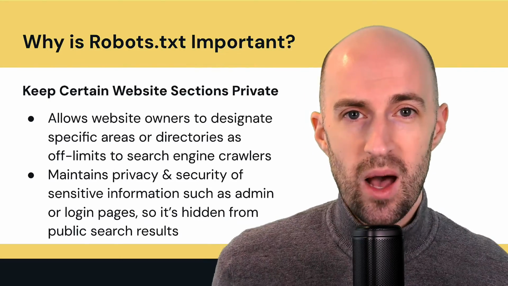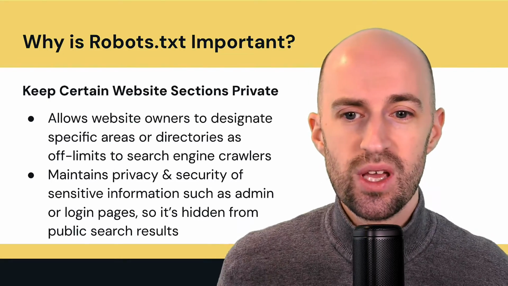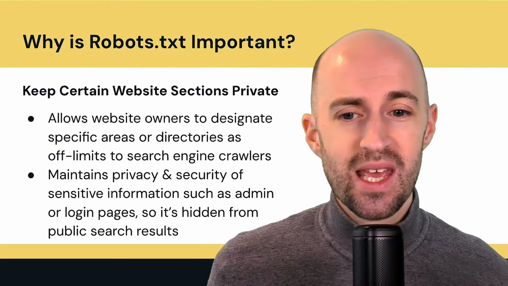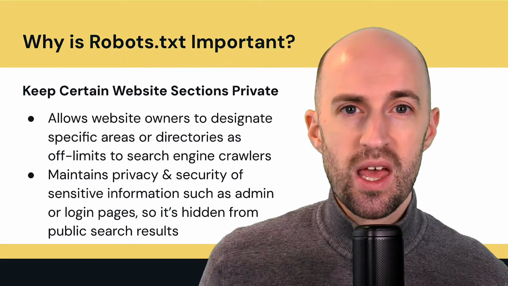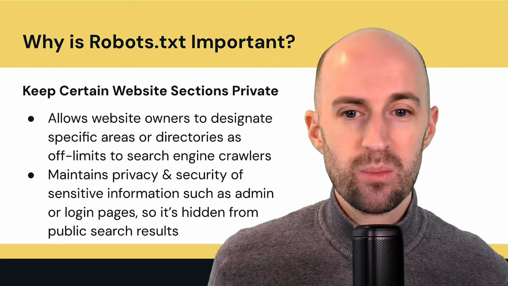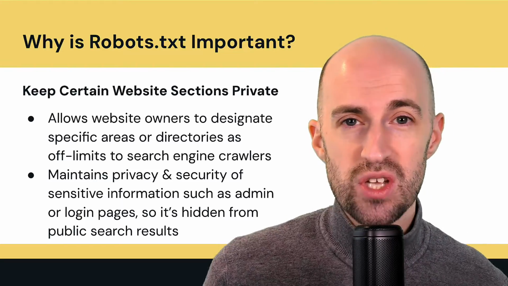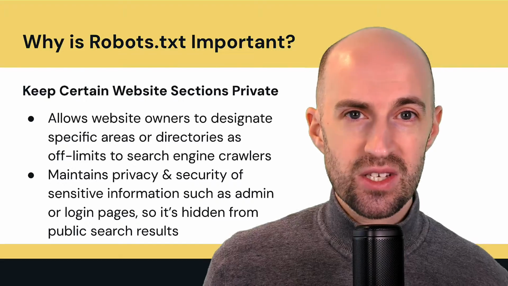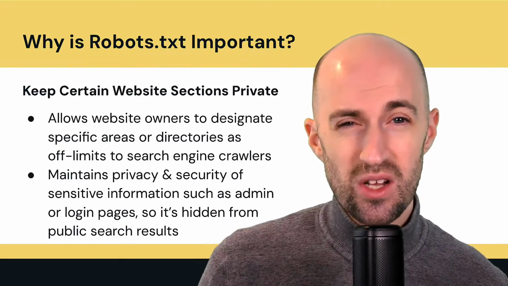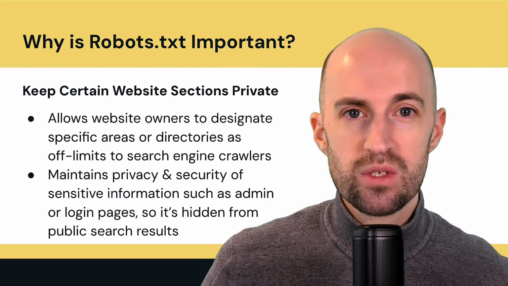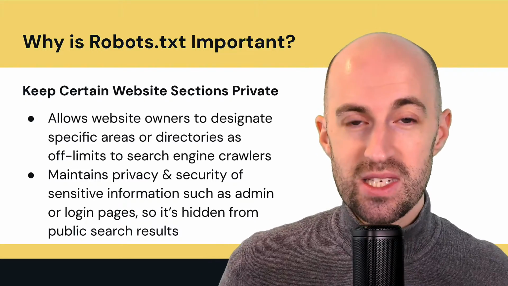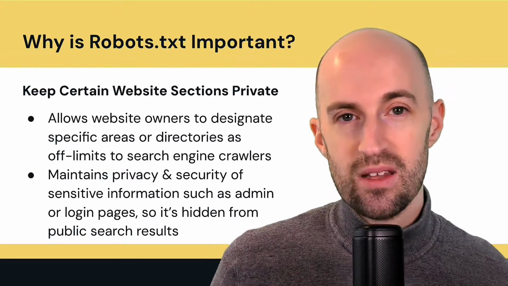This helps maintain privacy and security of sensitive information, such as admin or login pages, so they're hidden from public search results. Again, disclaimer, this doesn't guarantee 100% privacy or security because those pages may still be accessed directly. It just tells search engines not to crawl this area, not to explore it. So make sure that you have other security or privacy measures in place if those are very sensitive pages.